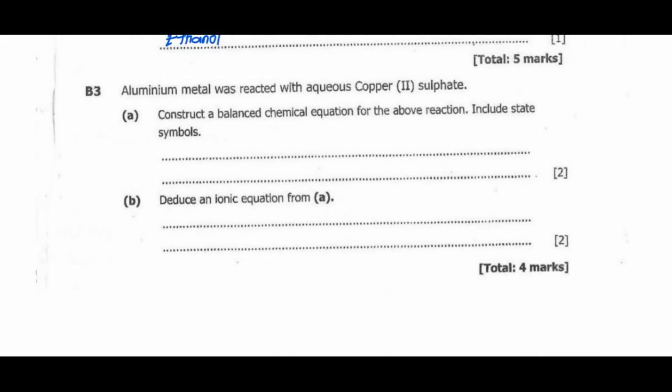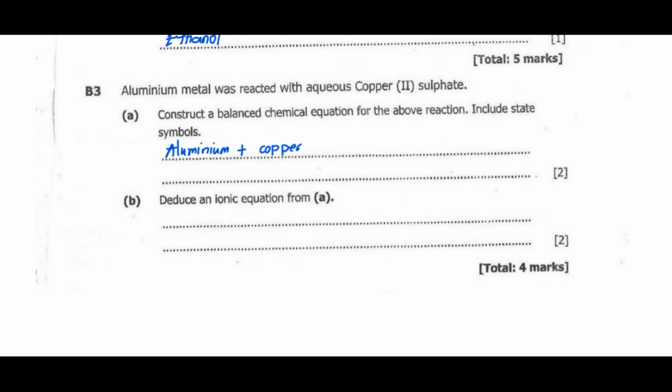Aluminium metal was reacted with aqueous copper 2 sulfate. Construct a balanced chemical equation for the above reaction, including state symbols. So we have aluminium plus copper 2 sulfate.